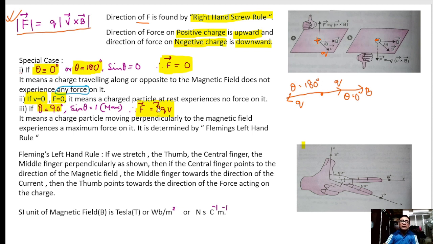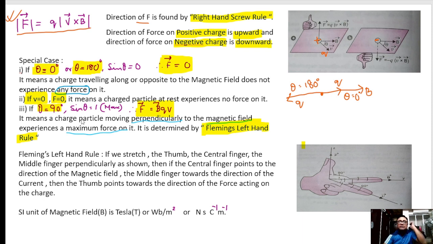That means when the charge is moving perpendicularly to the magnetic field, it experiences a maximum force. Okay, and remember it, the direction of force is determined by Fleming's left hand rule. Please keep this in mind.